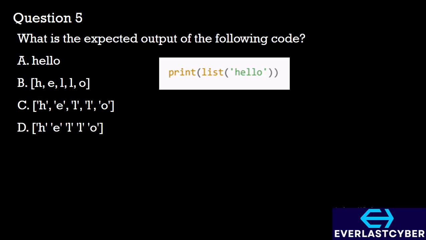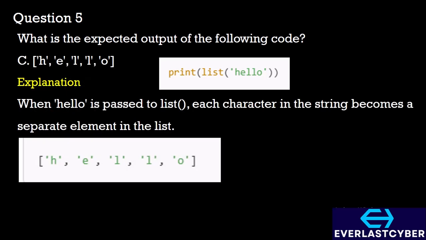The list function converts an iterable into a list. So when hello is passed to list, each character in the string becomes a separate element in the list. So looking at the options we have, option C lists each character as a separate element in the list. And from the code that we have on the screen, the output will be option C.